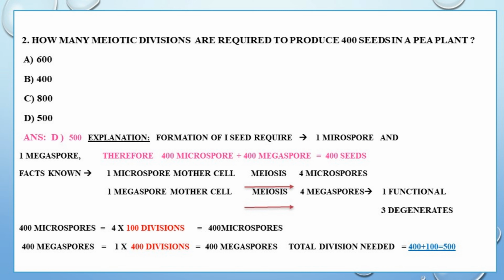And for 400 megaspores, we need 400 divisions, since one is functional. So altogether we need 400 plus 100 divisions. Total 500 divisions. We need to get 400 seeds. So the option will be D. D is the correct answer.